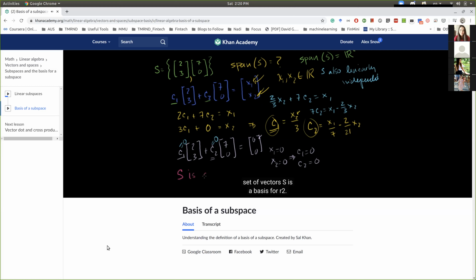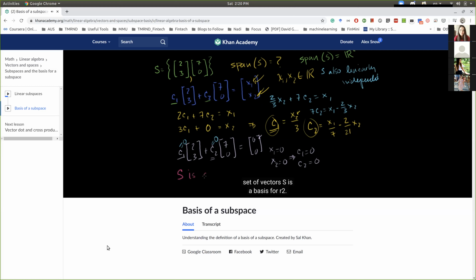for R2. Now, is this the only basis for R2? Well, I could draw a trivially simple set of vectors. Let me call it T. If I define T to be the set 1, 0 and 0, 1, does this span R2?